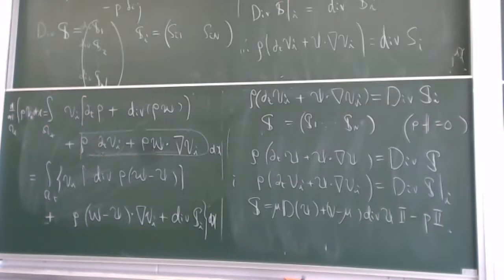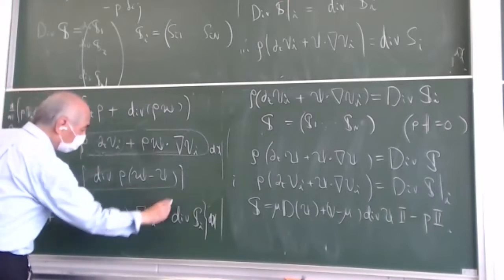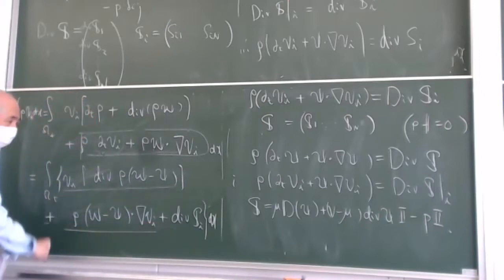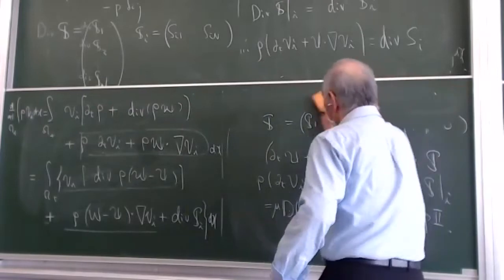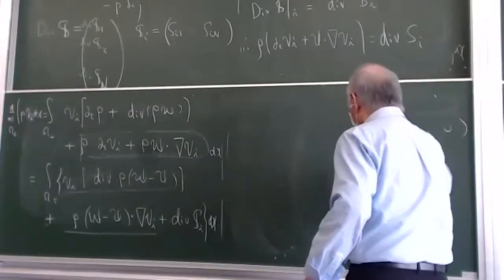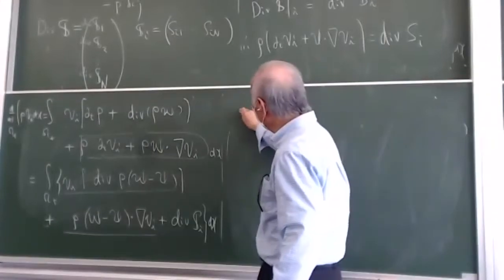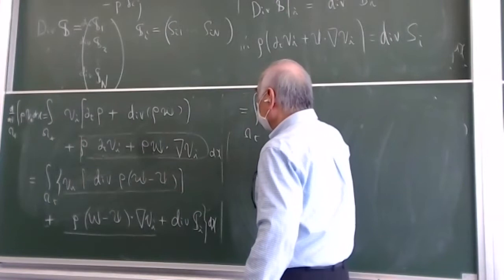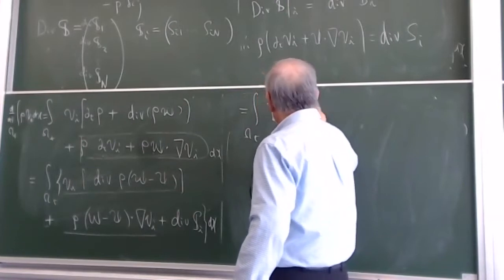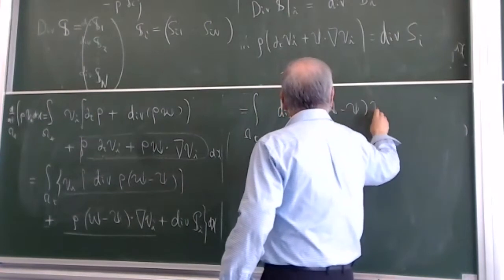And now here it is. These two terms you can write as a divergence. So it is equal to dt of rho Vi plus divergence of rho w minus b Vi.